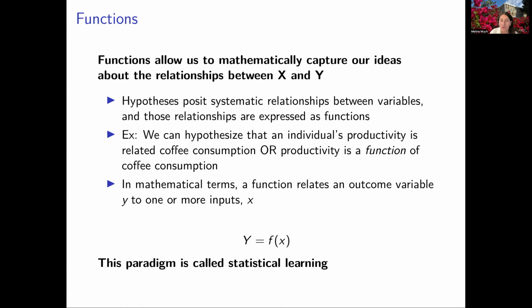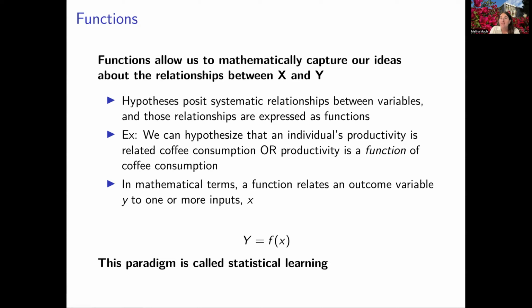In mathematical terms, a function relates an outcome variable Y to one or more inputs X. The mathematical notation for that is Y equals F of X, which is read as Y is a function of X. Whenever you see F and then parentheses with something inside of it, that means "is a function of."